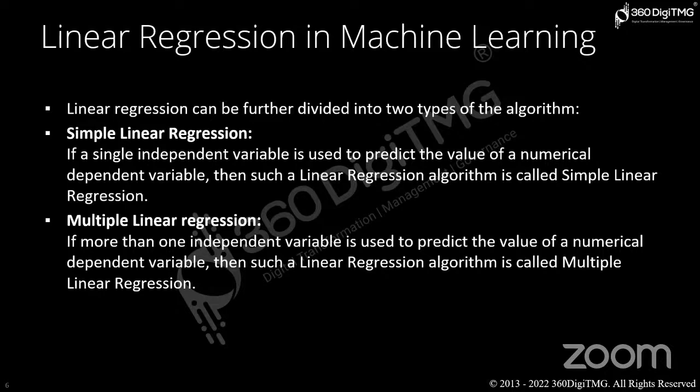The first is simple linear regression, which, as it indicates, gives the relationship between one independent variable and one dependent variable. Then we have multiple linear regression. Suppose the independent variables are more than one, then we use this, to see how the y value is changing with respect to the number of input variables.